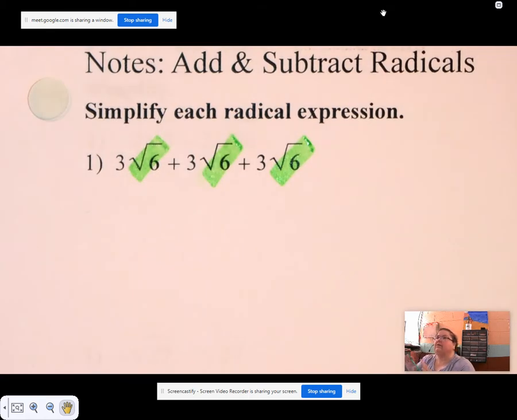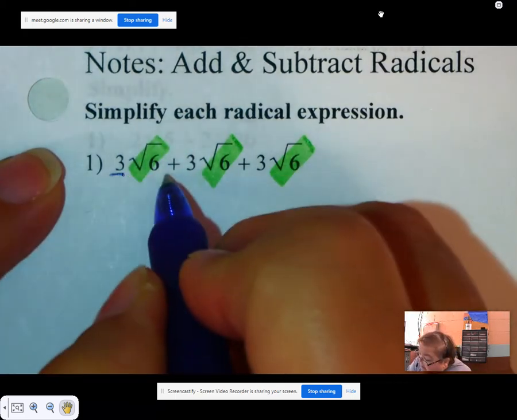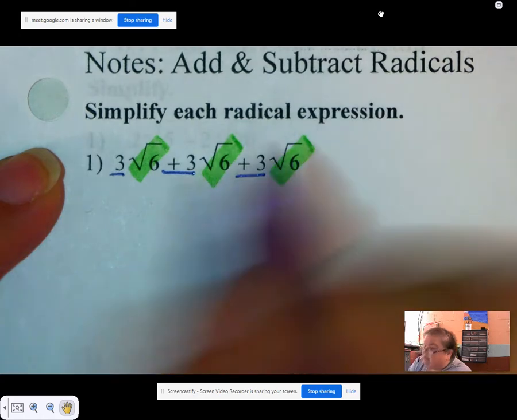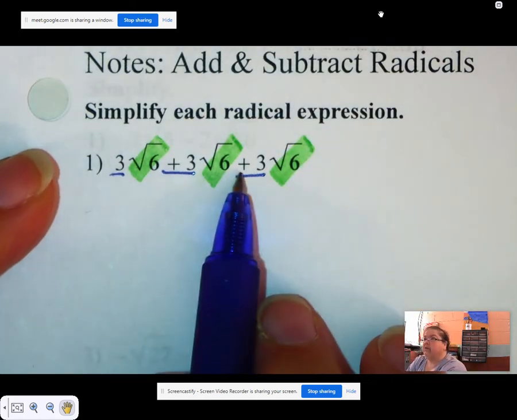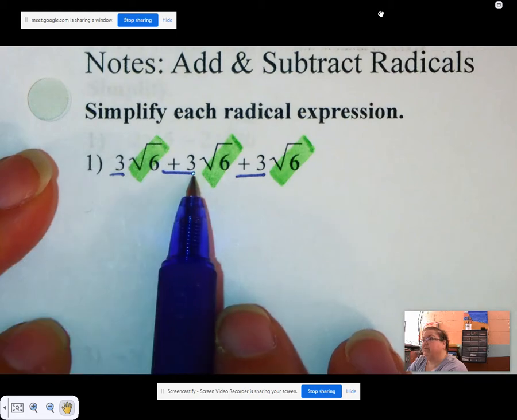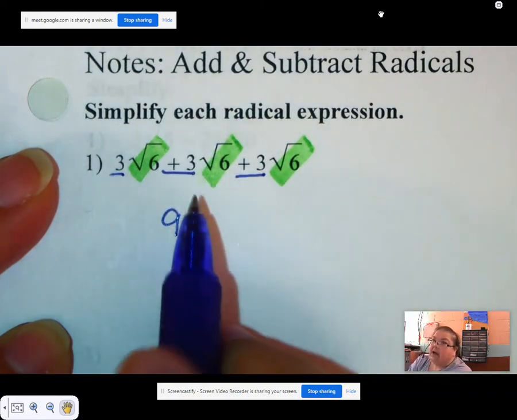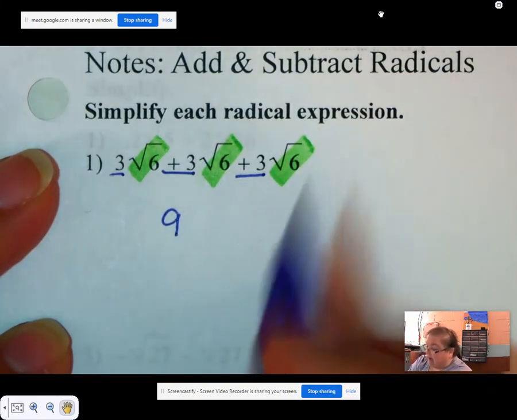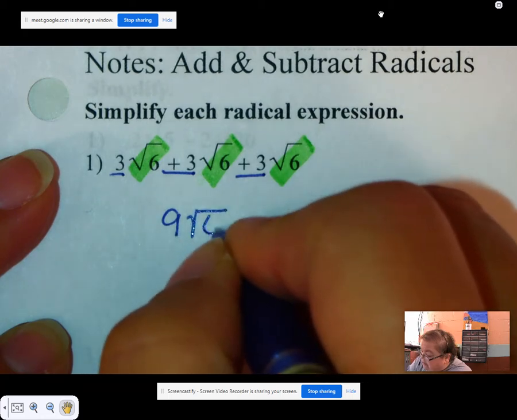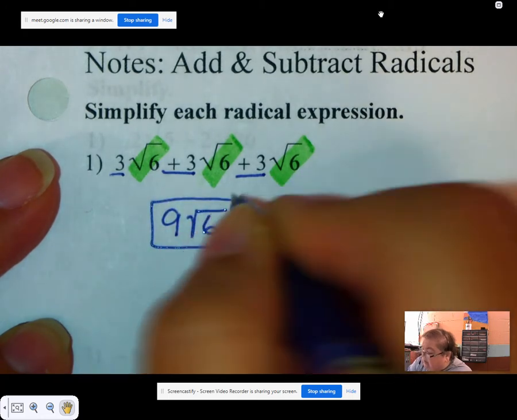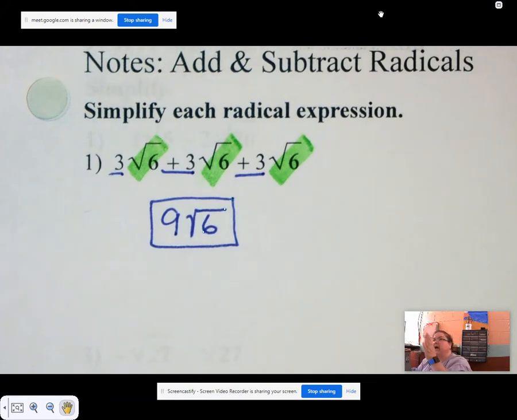So those are all like radicals, so I can combine their coefficients. 3 plus 3 plus 3. The operations in between tell me what to do with them. So 3 plus 3 plus 3 is 9. Now, if they are like radicals, I've got to keep them that way, so I just bring down what the like radical is into my answer. So 9 root 6 is my answer.